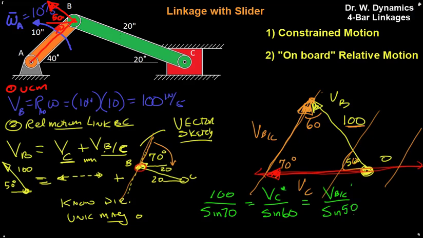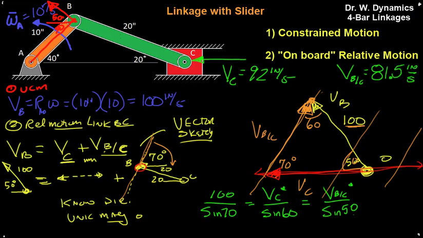And with that, we can quickly solve for VC and VB with respect to C. So we find that the velocity of C is in this direction, and it's equal to 92 inches per second. And the velocity of B with respect to C turns out to be 81.5 inches per second.